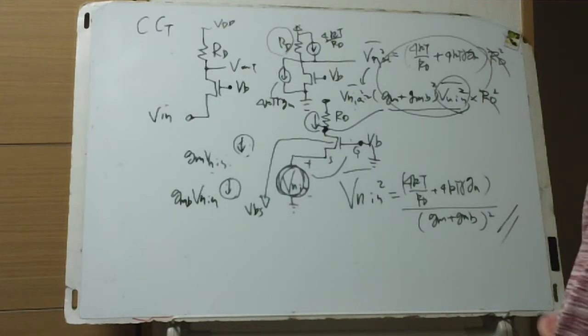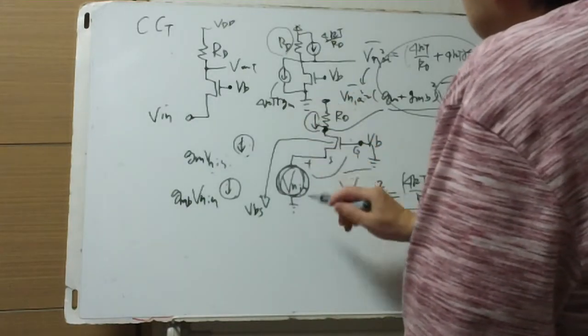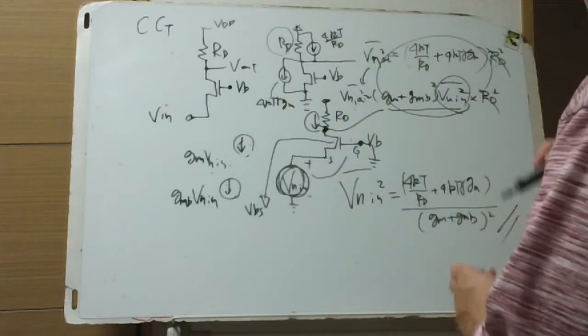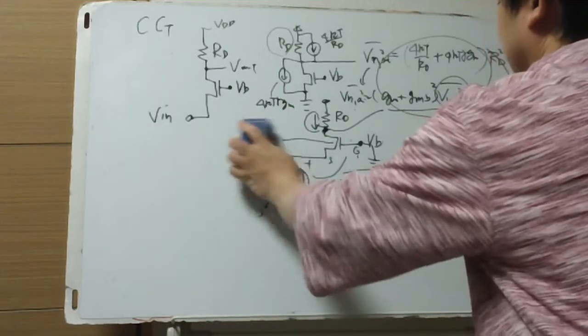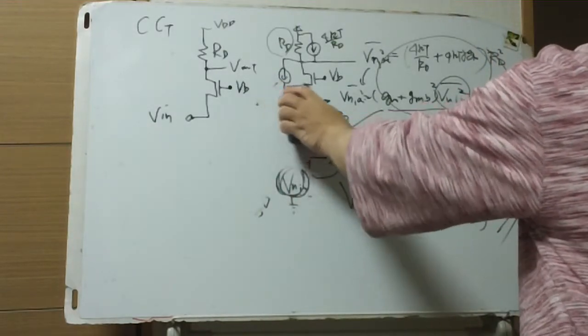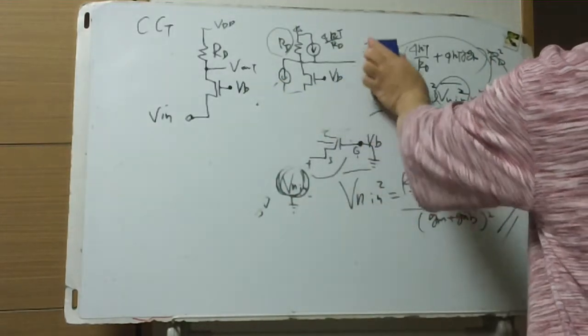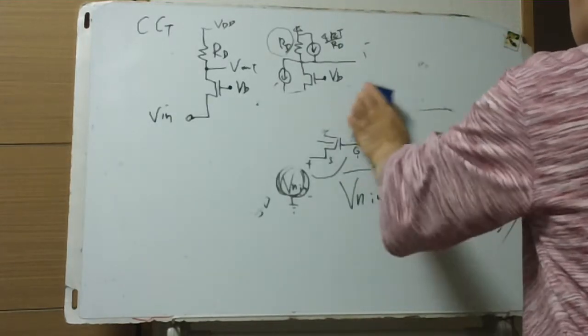And also we must know the input referred current noise, opening this node for current noise.